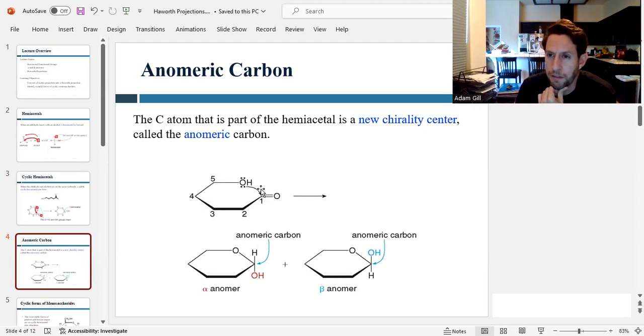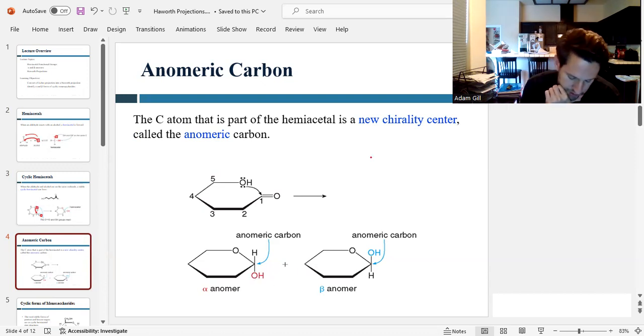And so you have a 50-50 chance of forming either the L or the D when you close the ring. And so the carbonyl that turns into an OH can end up either pointed down or pointed up.